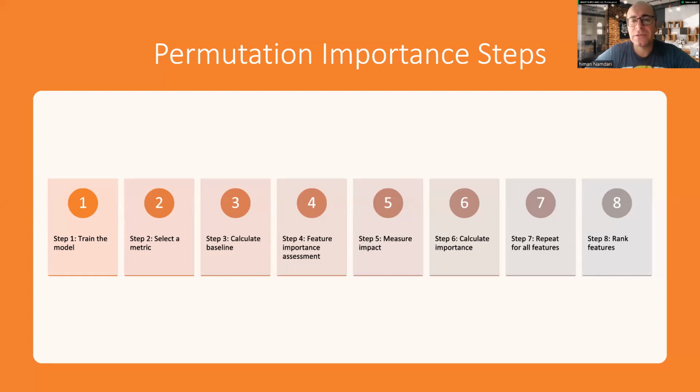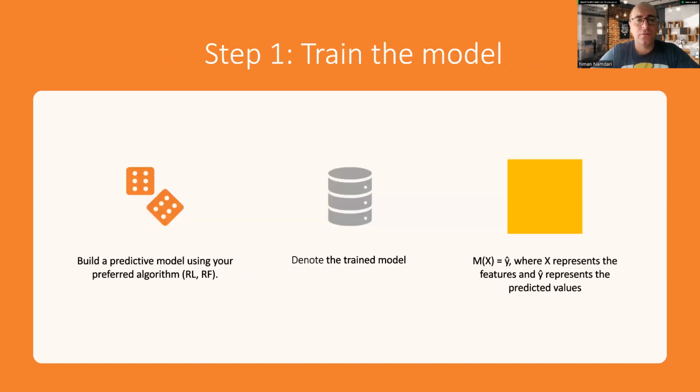We do the feature importance assessment. We measure the impact, and then we calculate the importance based on the quality of that model. And we repeat this for all the features that we have. At the end, the permutation importance will give you a vector of feature importance of your features that has been processed. So for training the model, we can use different types of regression models.